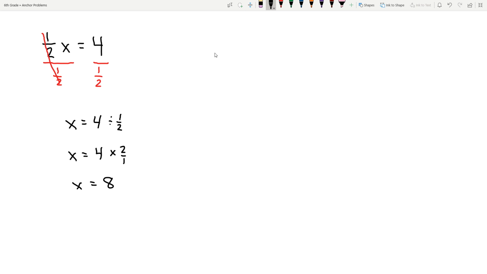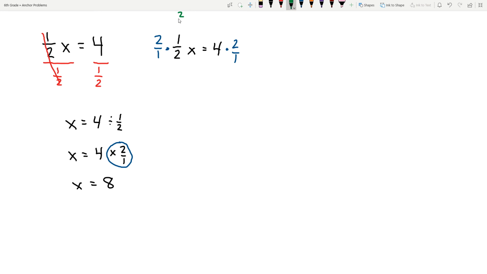Now, what happens then if I had 1/2 x equals 4, and instead of dividing by 1/2, what if I jump right here first and go, well, what if I multiply by the reciprocal? What if I multiply by 2 over 1 first? Why does this work? Well, what's 2 times 1? 2.